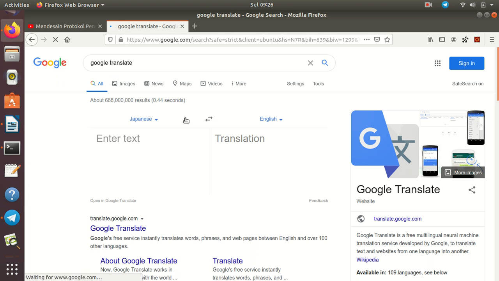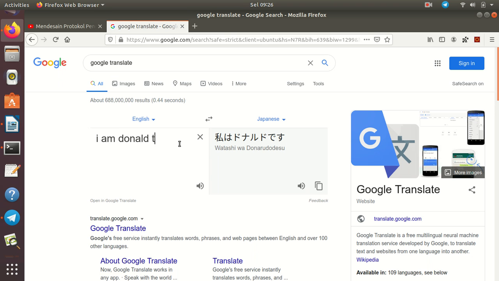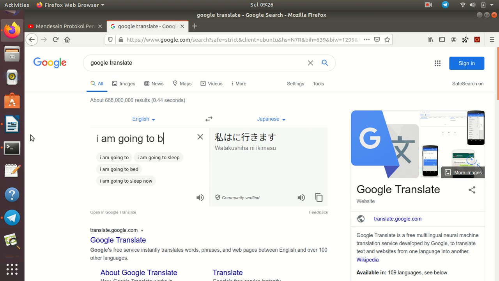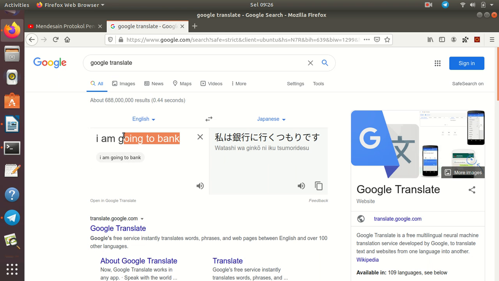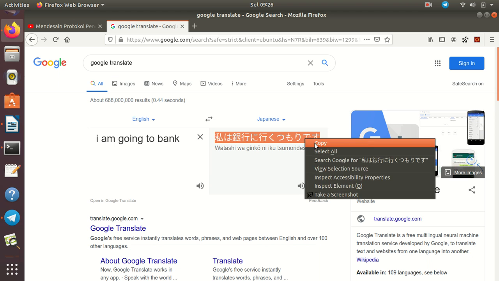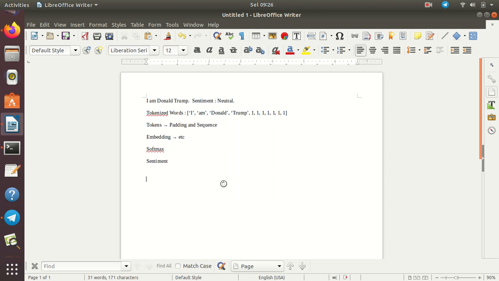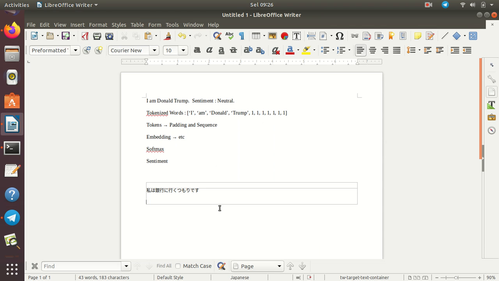It's not really hard actually. Okay, let's do this. 私は銀行に行くつもりです。 It means I'm going to the bank, or I'm planning, I have a plan to go to the bank.